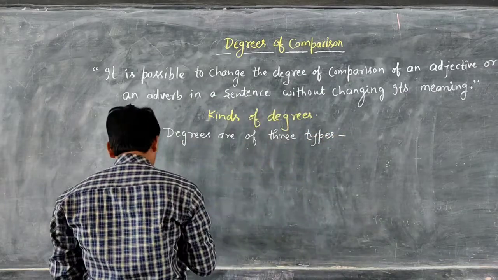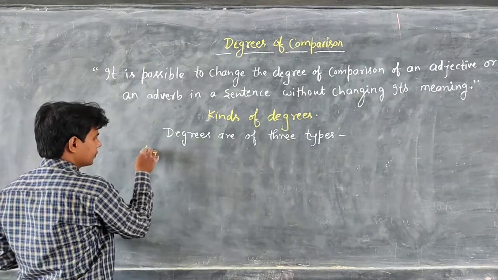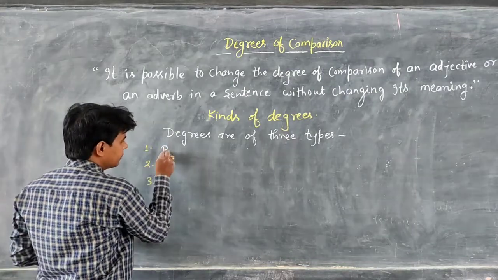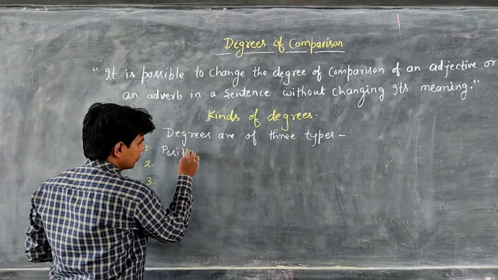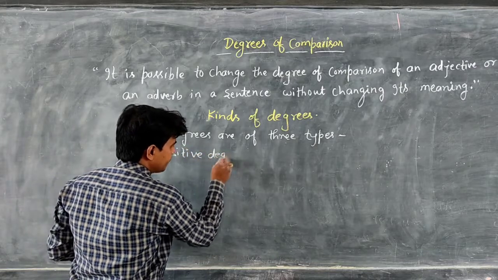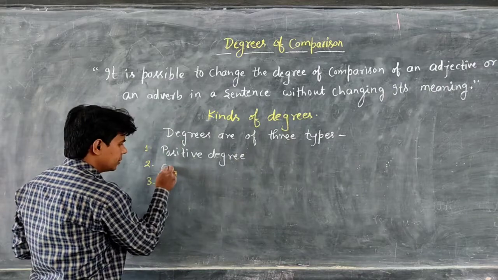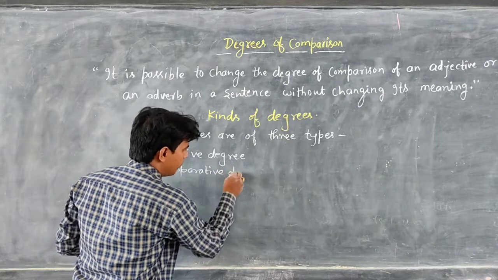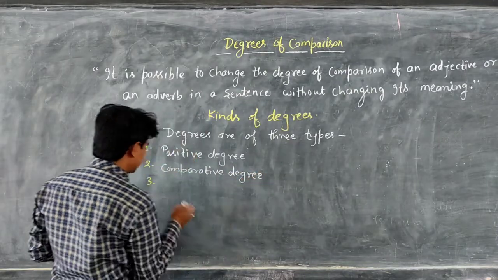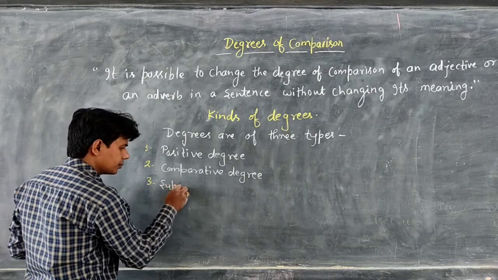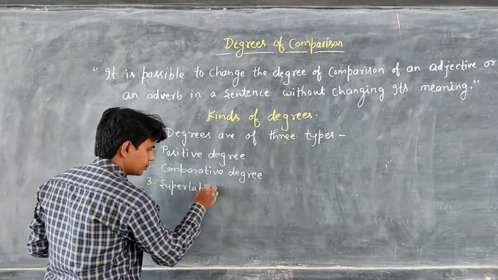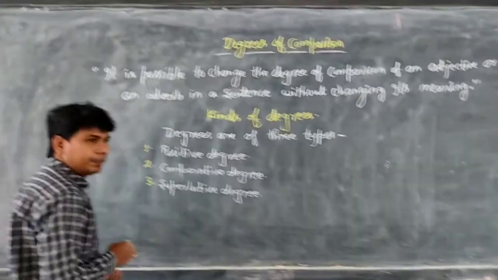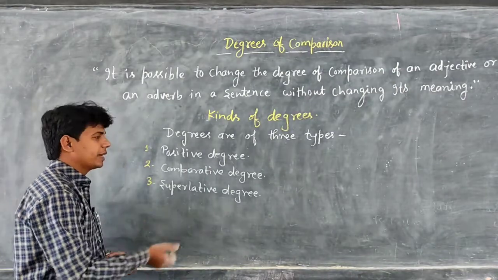The first one, positive degree. Second one, comparative degree. And the last one, superlative degree. Okay, positive degree, comparative degree, and superlative degree.